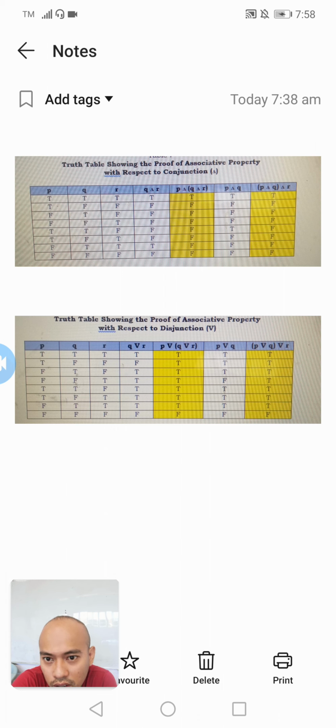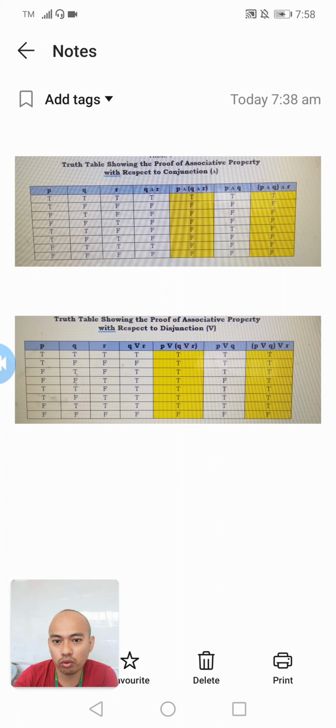Next, for P true and Q or R false, one of these statements is true, so therefore still true, until the second to the last row. However, in the last row, our P is false and our Q or R is also false. So we don't have any true statements between these two statements that we are talking about.